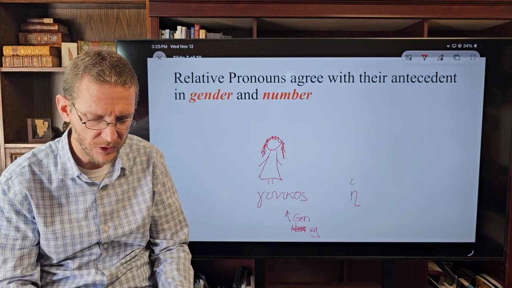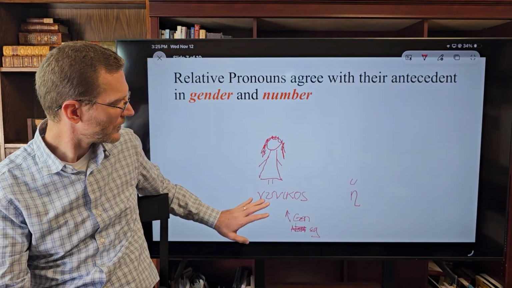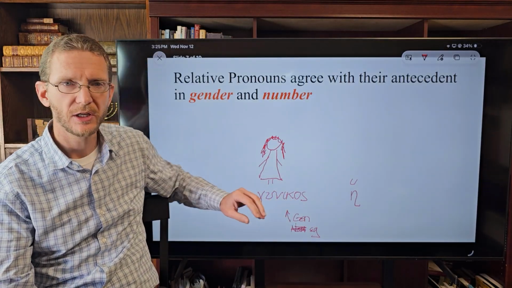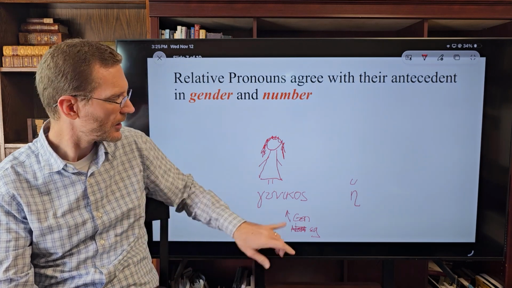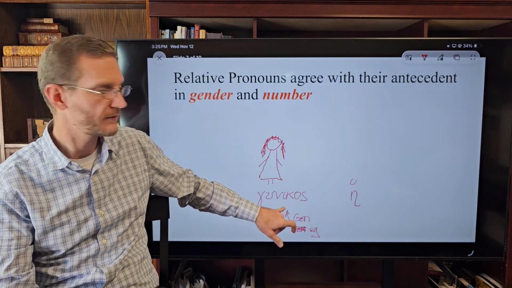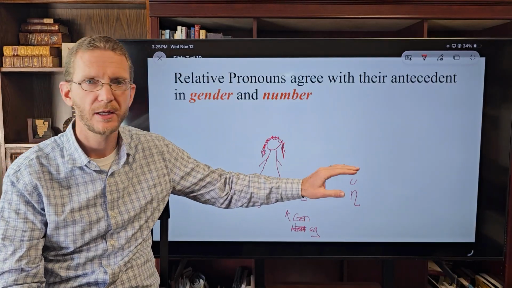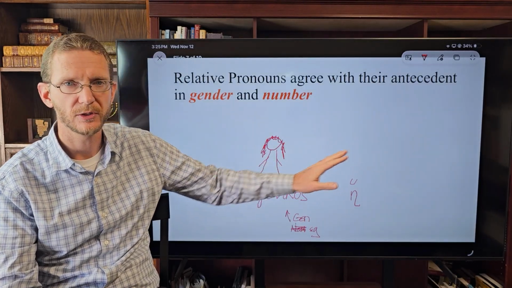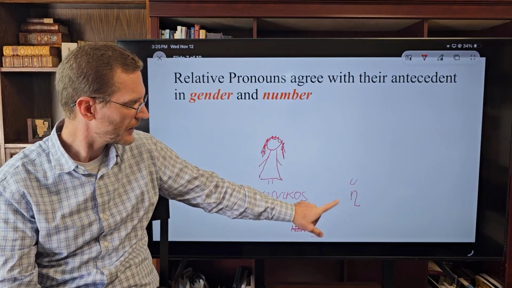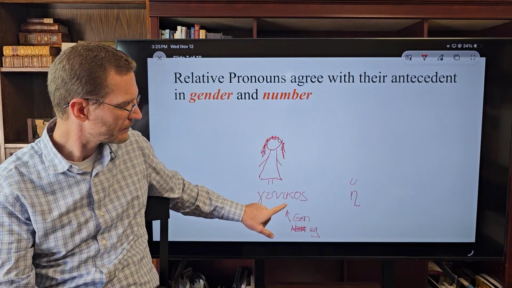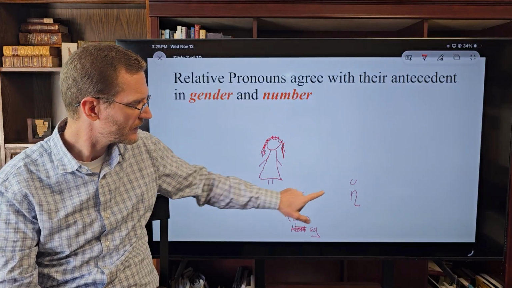We could refer to her in the exact same way. We could still call her hey. So let's just say this is the house of a woman, gunaikos. Which woman? A woman who used to come to church or something like that. So these still agree in gender and number. They're both feminine and singular, but they don't agree in case. This one is a genitive, and that is a nominative.